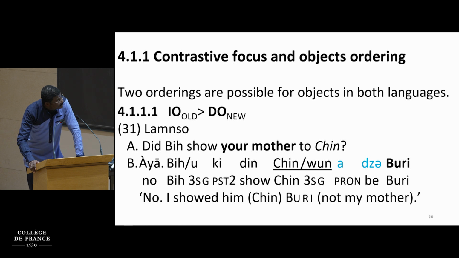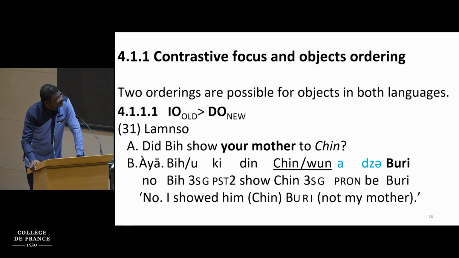Two orderings are possible for objects in the two languages. The first ordering, if the indirect object is old and the direct object is new, you have the distribution in B. Did you show your mother to Chin? You say no, I showed him, or B showed him to Buri.